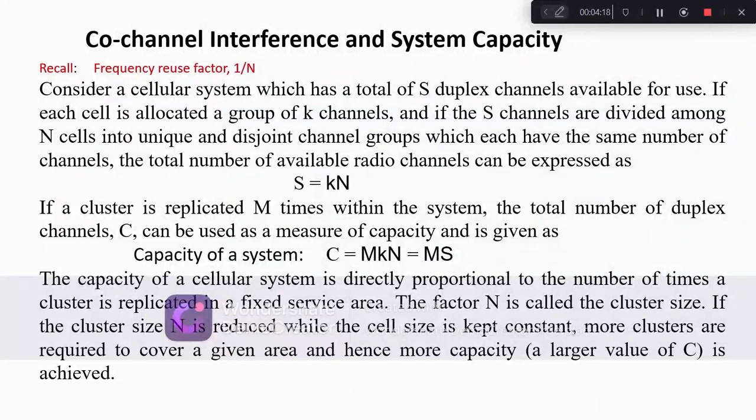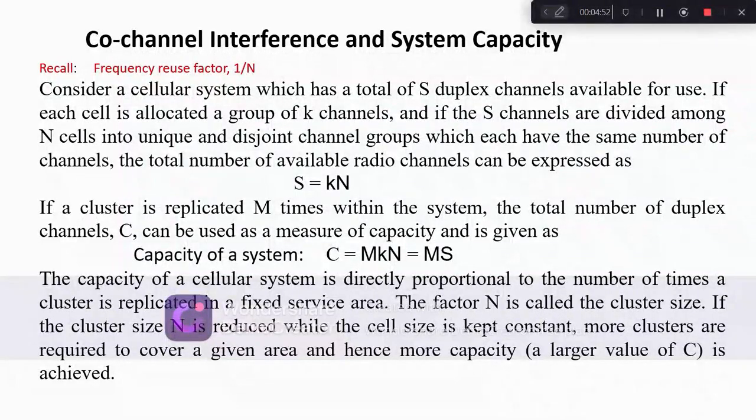So if you have such S number of duplex channels, and each cell is allocated a group of K channels, now in a cluster, for example, there are 7 cells, and each of the 7 cells is allocated K number of channels.